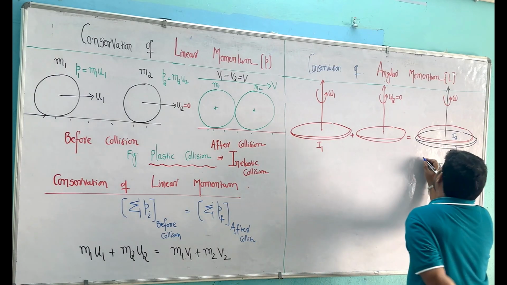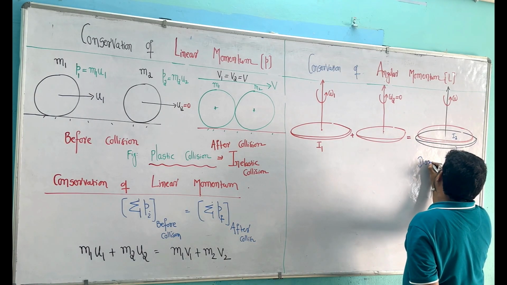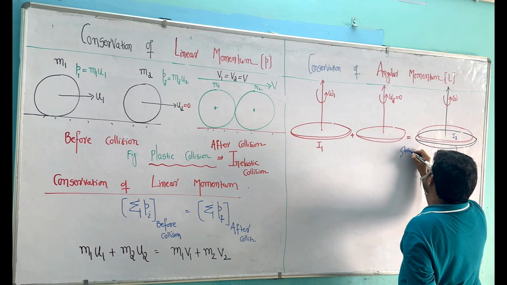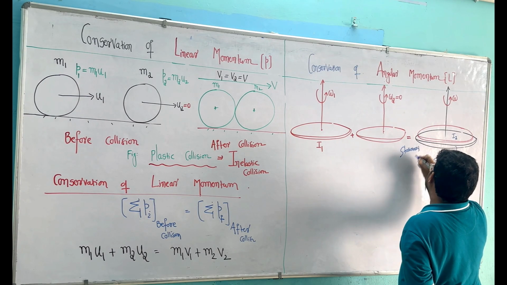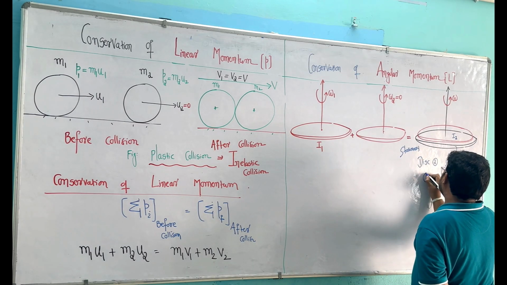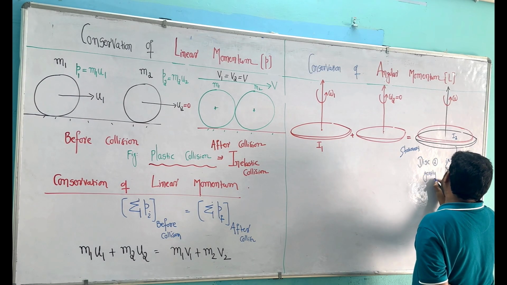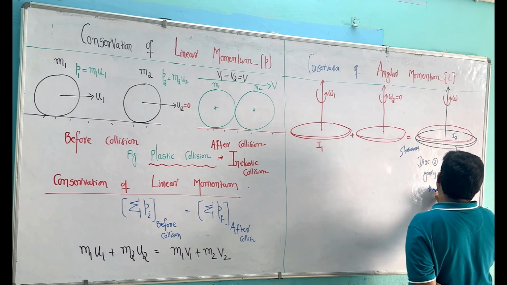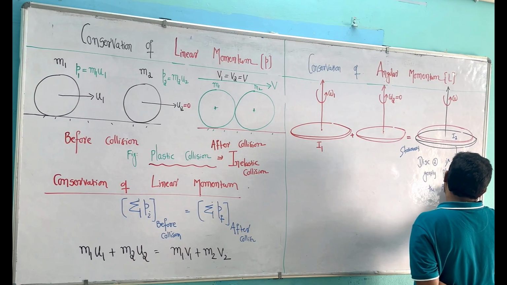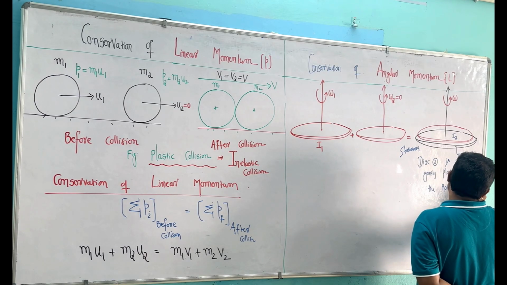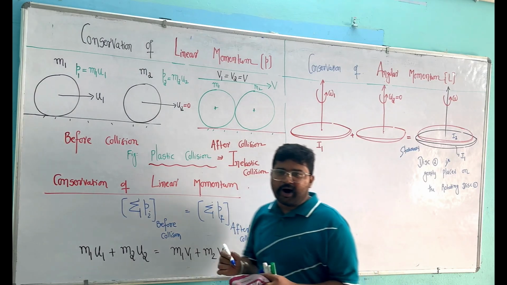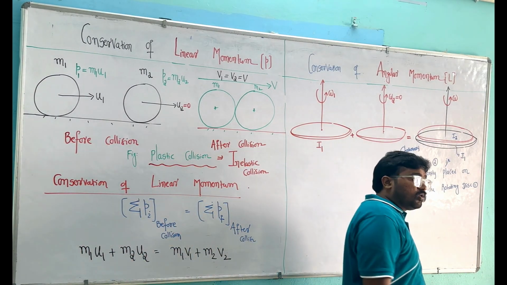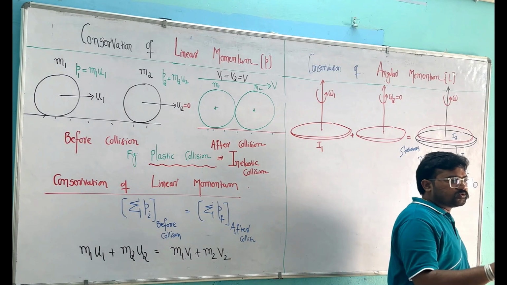Disc 2 is stationary. Disc 2 is gently placed on the rotating disc 1. Then both will rotate at common angular velocity, that is omega.